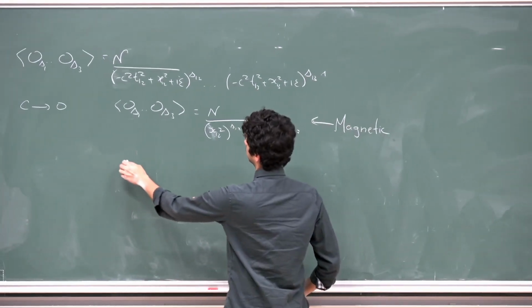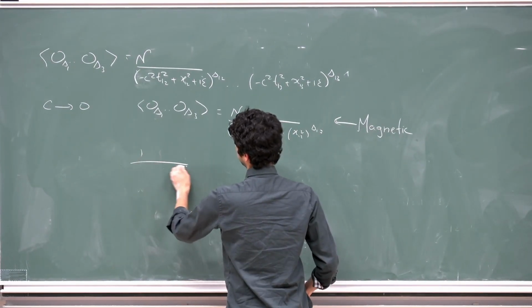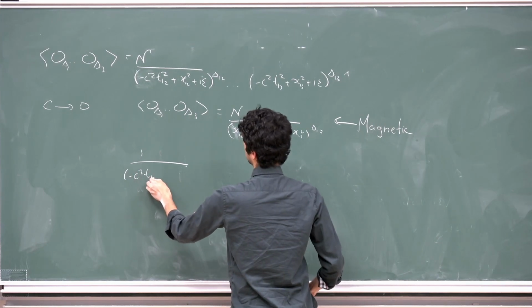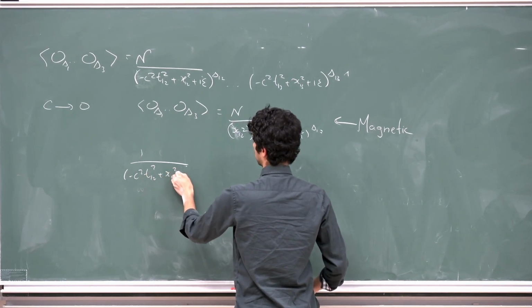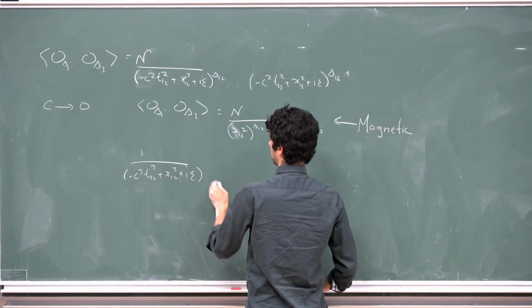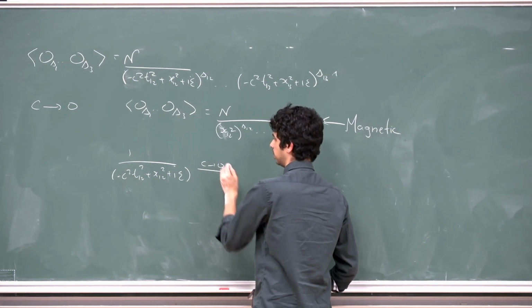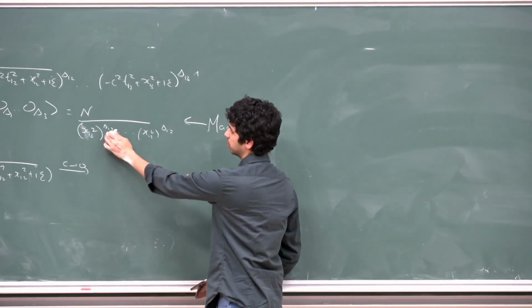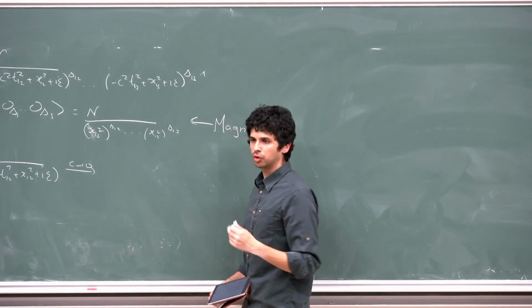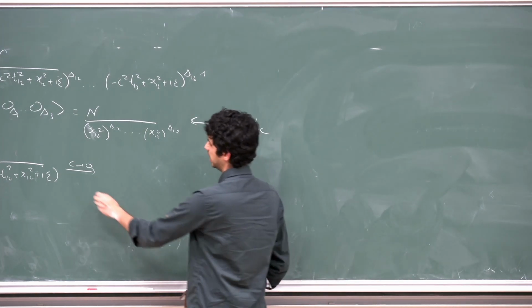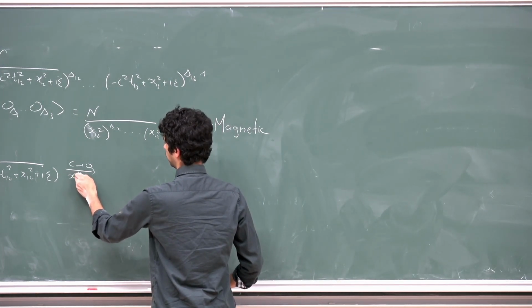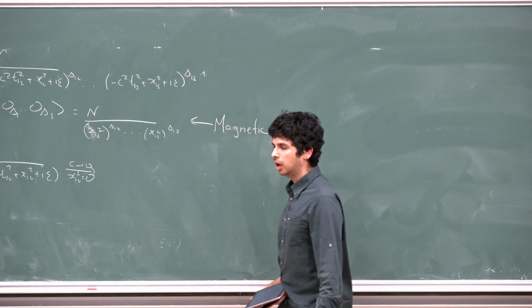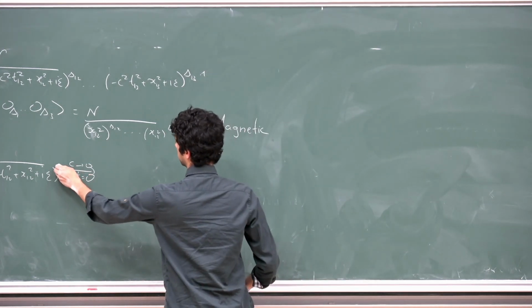So the idea is, if I take the limit c going to 0, this result is true on most configurations, but precisely on the configuration where x12 squared happens to be 0, I get something which looks very different.